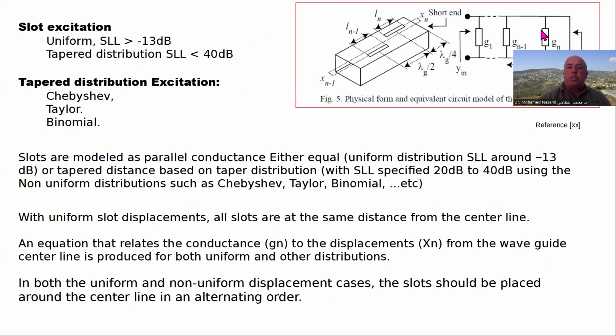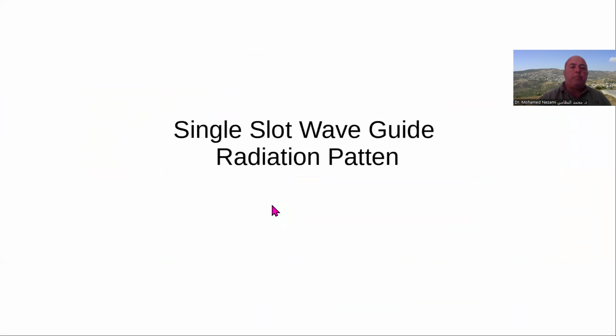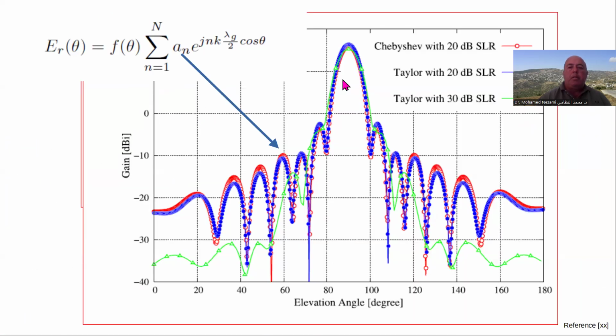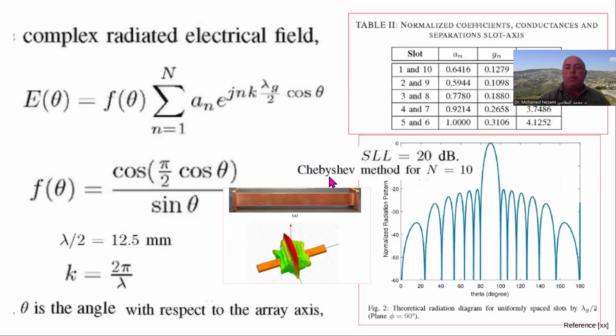These coefficients are basically derived based on a desired polynomial distribution, okay? And so that's why, with these coefficients when doing the tapering, you can actually control the side lobe level, okay?